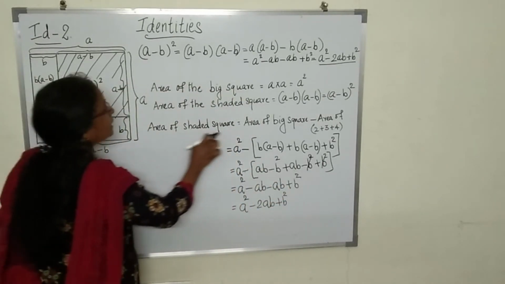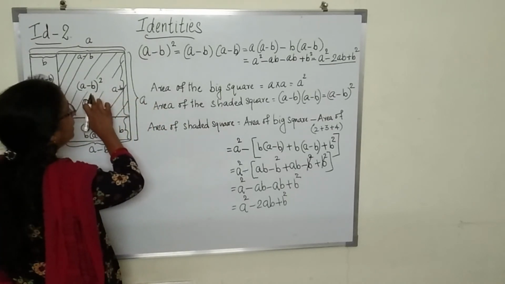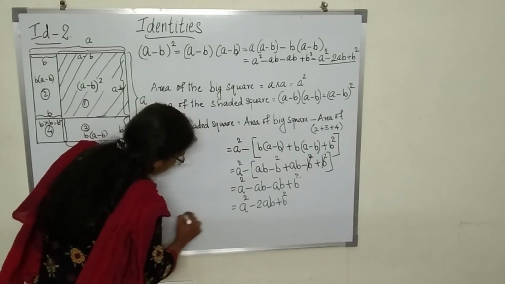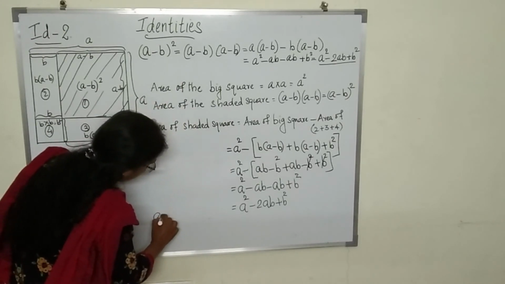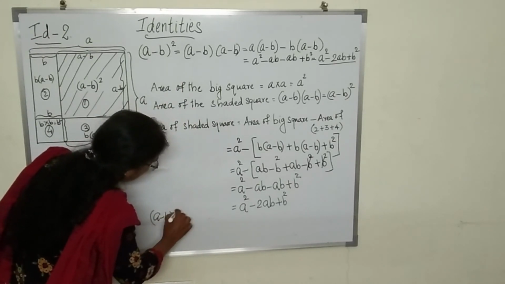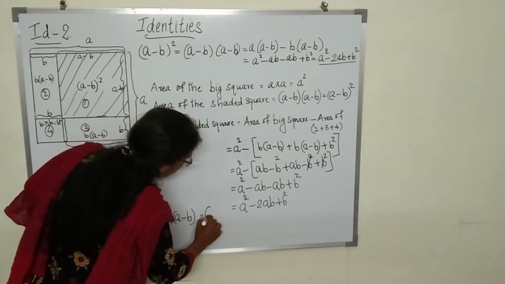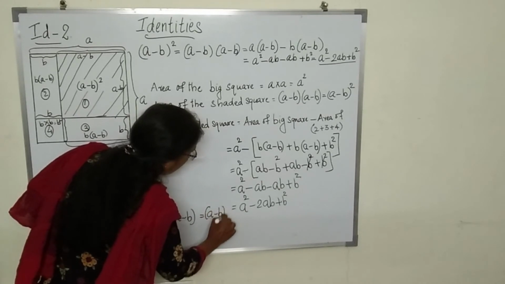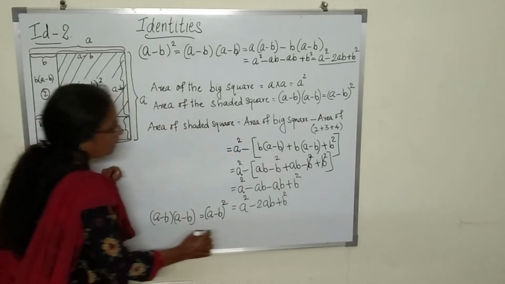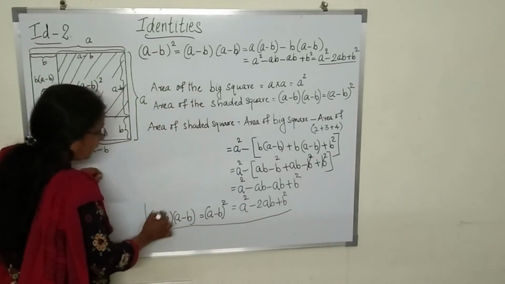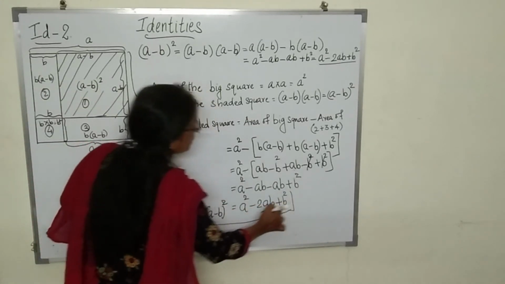Now, the area of the shaded square according to our figure, with side A minus B, is (A minus B) whole square, or (A minus B) into (A minus B), which is equal to A square minus 2AB plus B square.